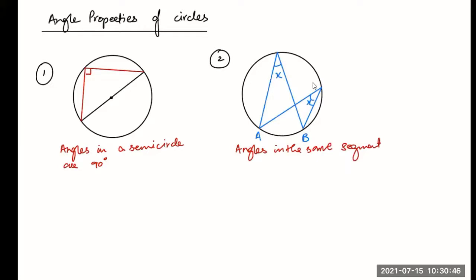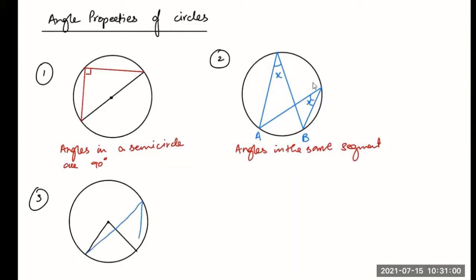Okay, that's the second property. The third property is this, that if you have an angle forming at the center and an angle forming at the circumference, then the relationship is 2x and x.